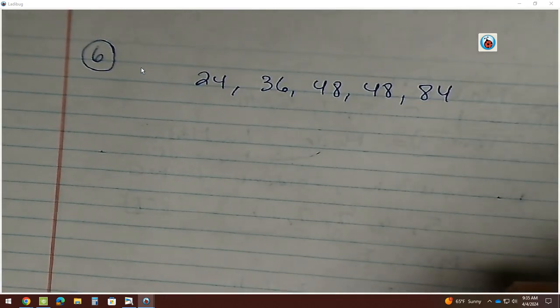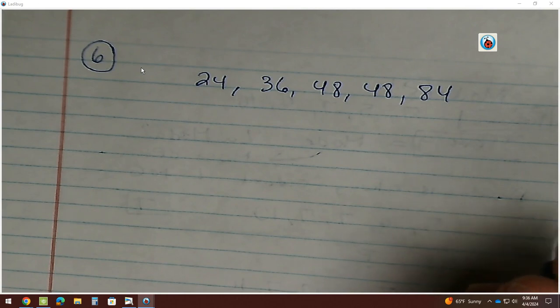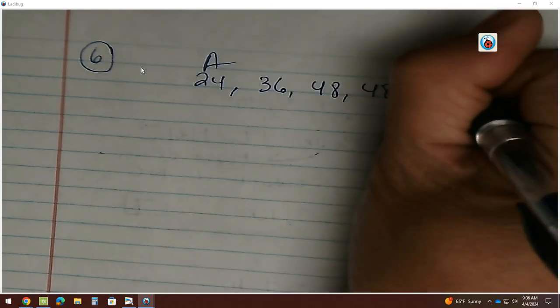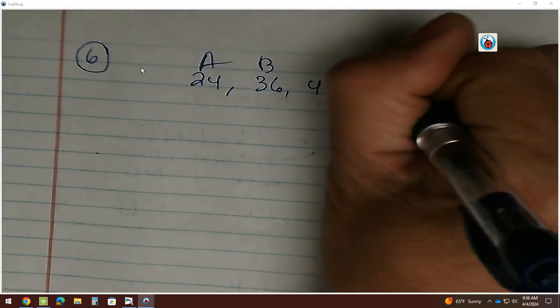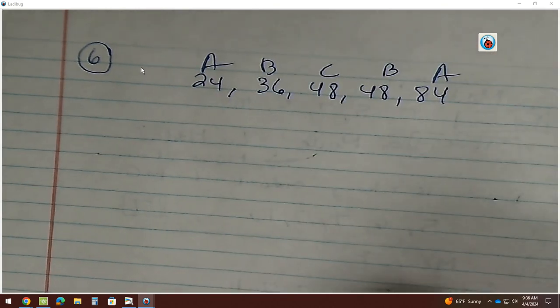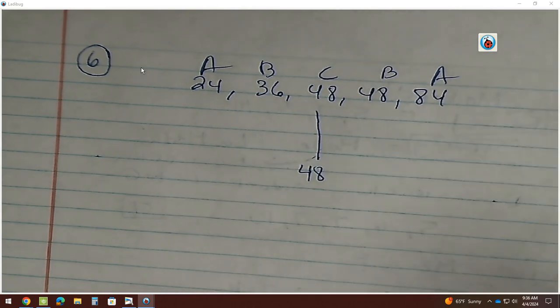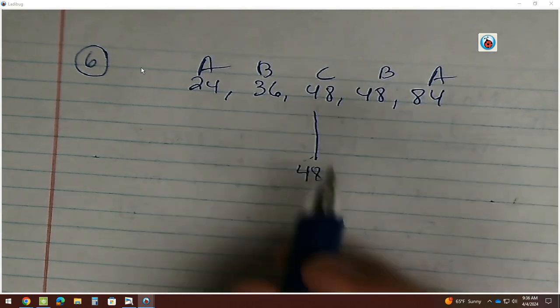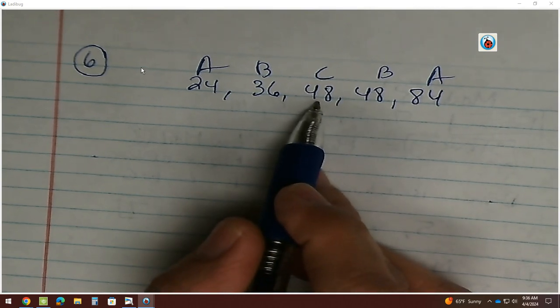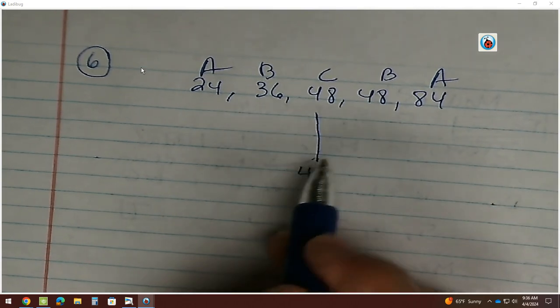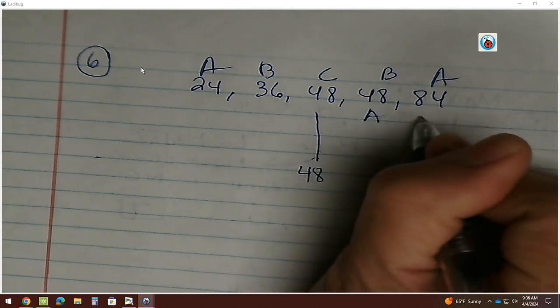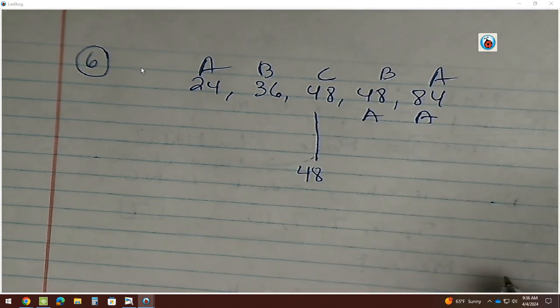Questions with that part? What's the next strategy? Start creating the box. A, B, B. A, B, B, C. Who's in the middle? 48. Draw the line. Question with that part. Let's get the median of the upper. Do I include him? No, because he was already taken. So let's go here. A. What happened?